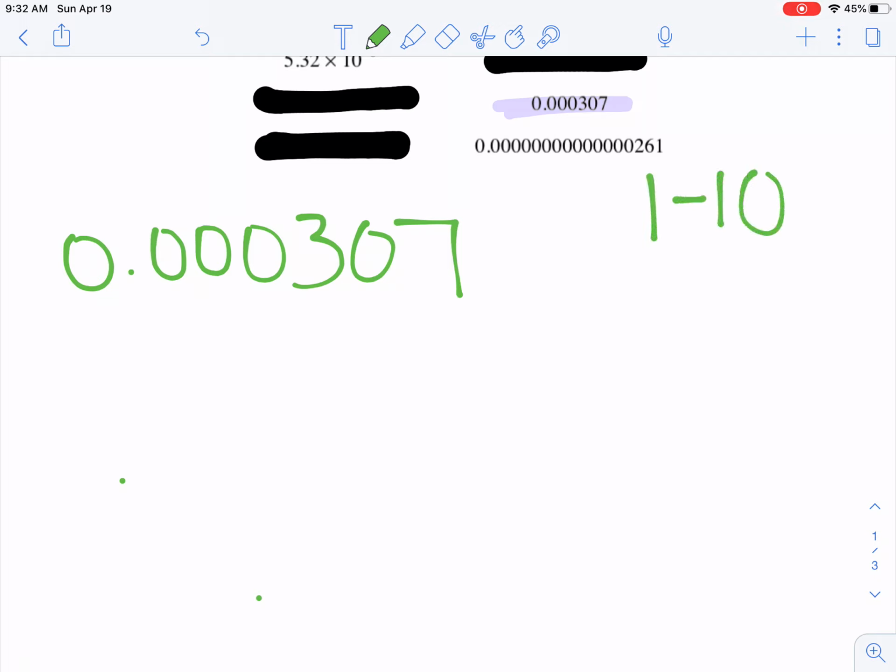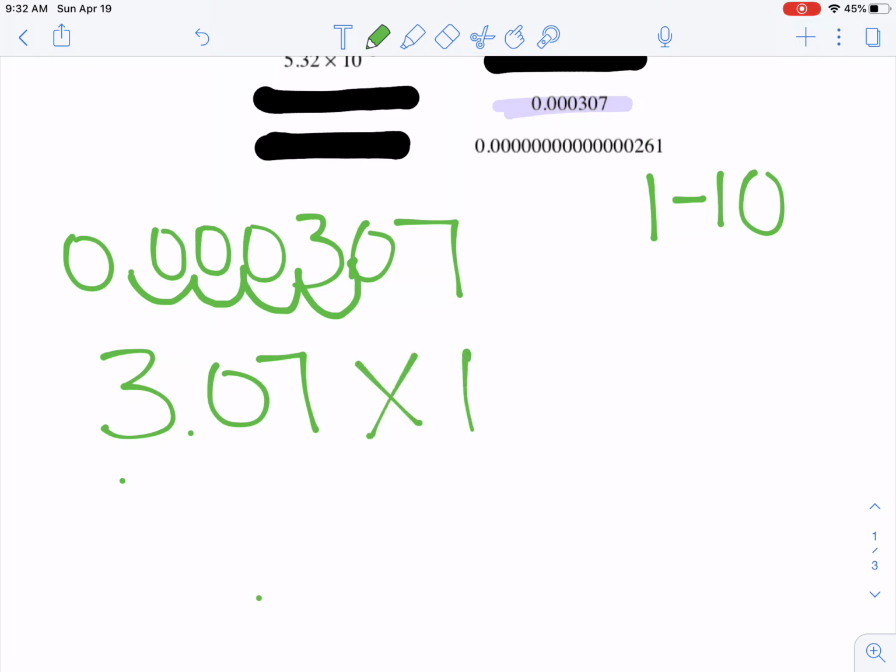So I'm going to move my decimal point until I have that. Okay? 1, 2, 3, 4 is where it's going to go. So I'm going to have 3.07. Is 3 between 1 and 10? Yes. Times base 10. And this was a decimal, so my exponent is going to be negative. And I moved it 1, 2, 3, 4 spots. So it's going to be negative 4. Okay?